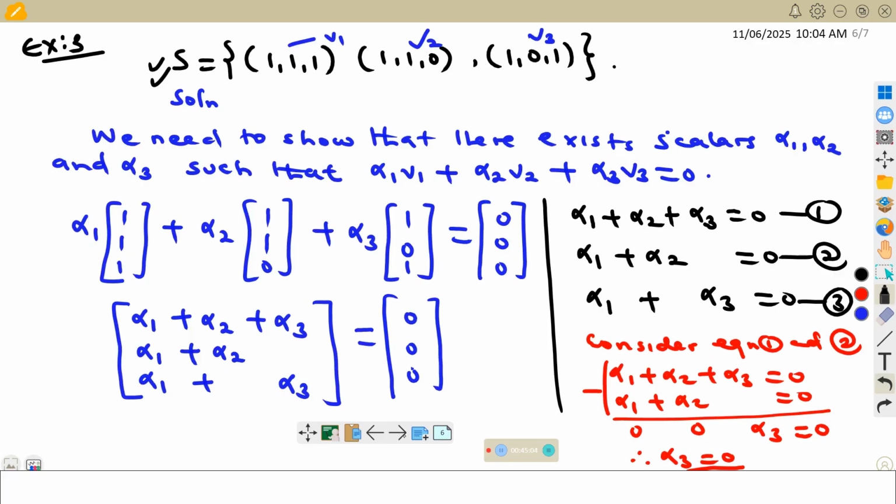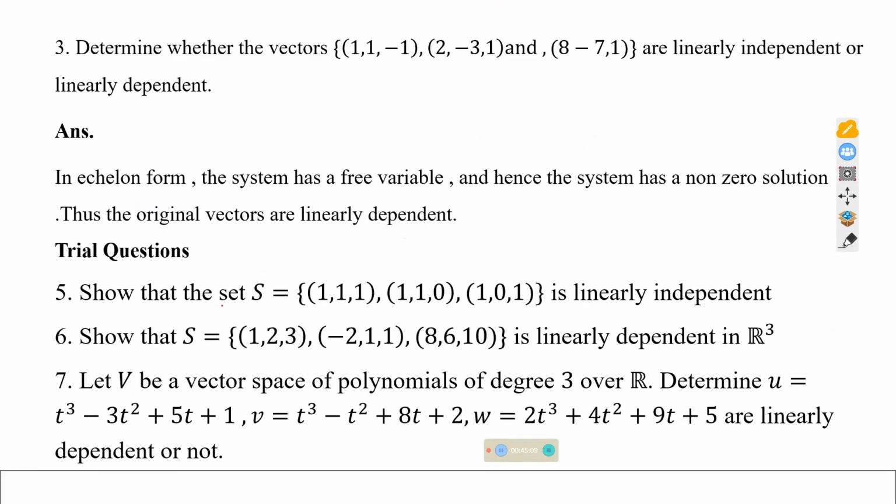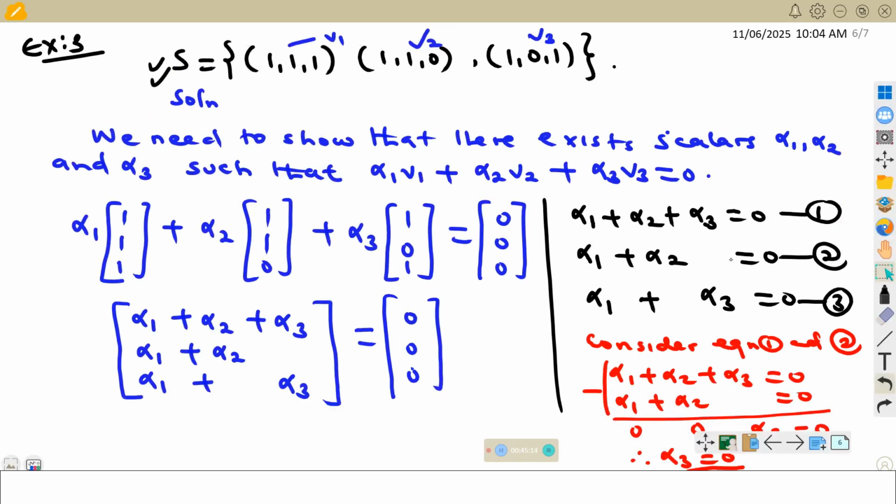And from there we shall have shown, because our question was to show that this set here is linearly independent. So we shall clearly be in position to give a conclusion that the set S is linearly independent, since the only solution to our system that we have got is actually a 0 solution.